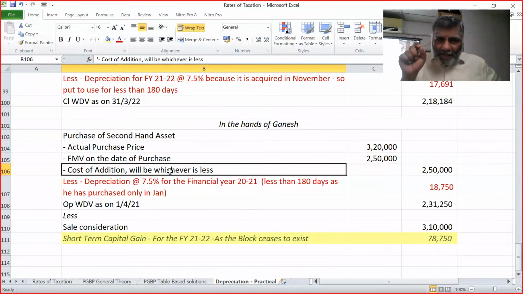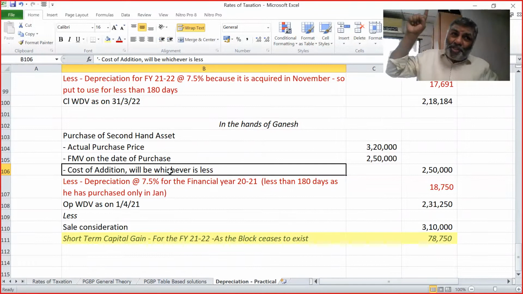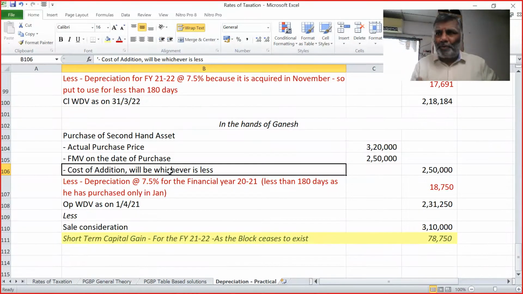The law is straightforward and simple. Had the asset been originally purchased for business purposes, what would have been today's value? When I say today's value, always 1/4. Practically speaking, it can even be today, October 18th, the asset has been brought into the books as a business asset.